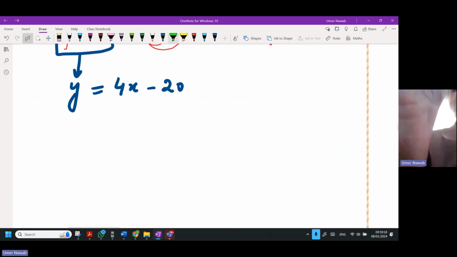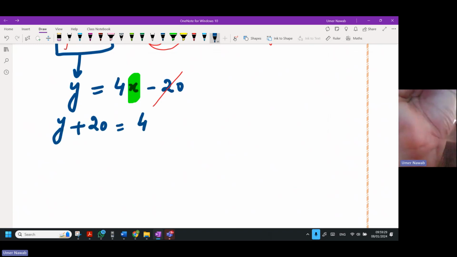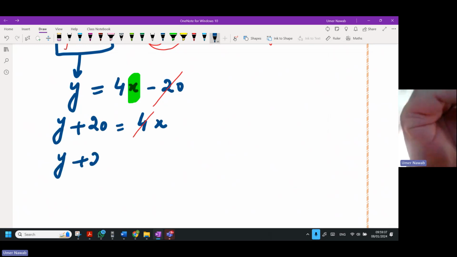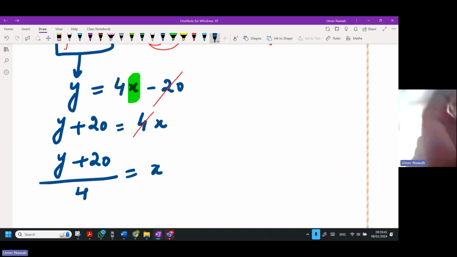Now I have to make x alone. Minus 20 will go to the left, and you will get y plus 20 equals 4x. 4 is multiplied. When it goes to the other side, you will write y plus 20 whole over 4 equals x.